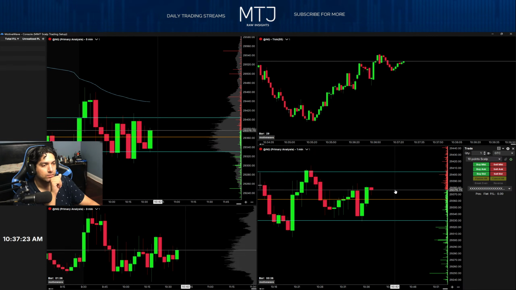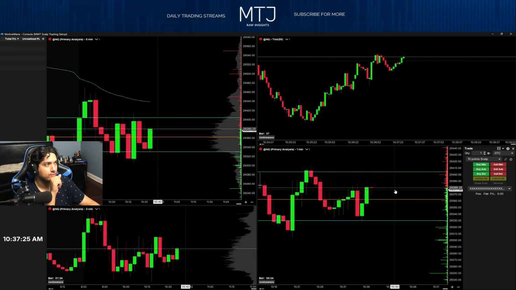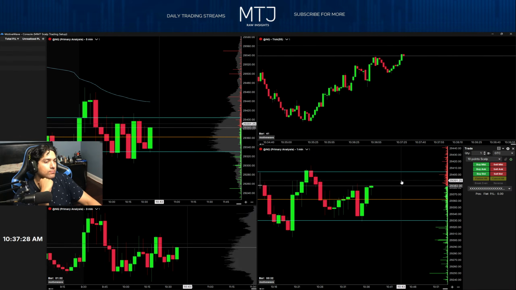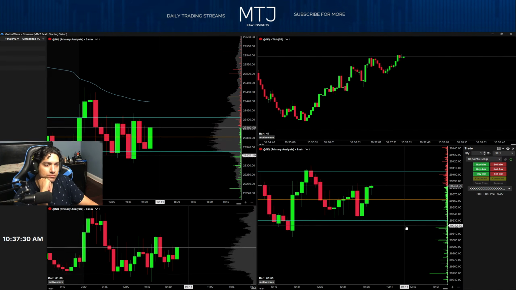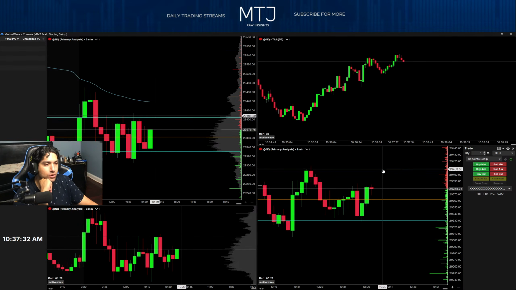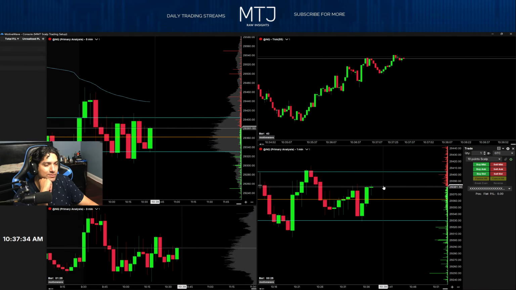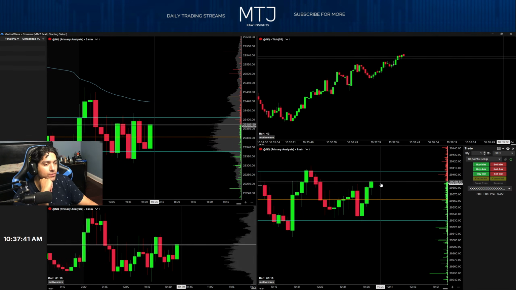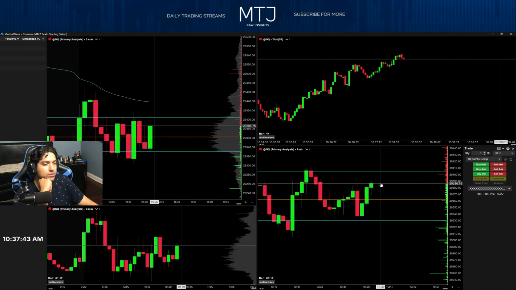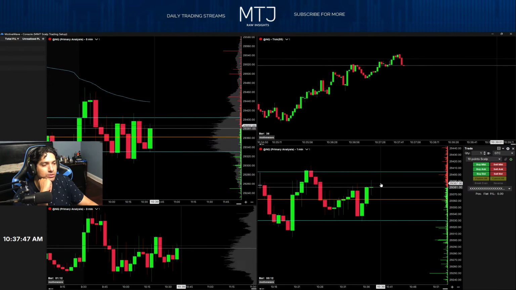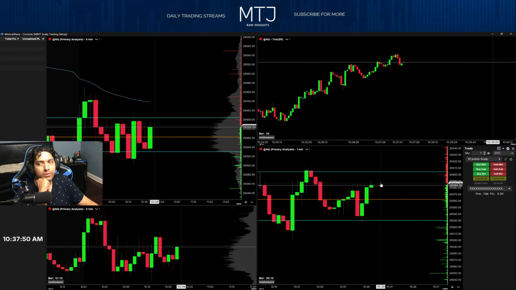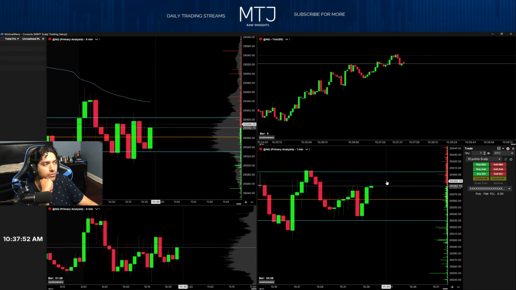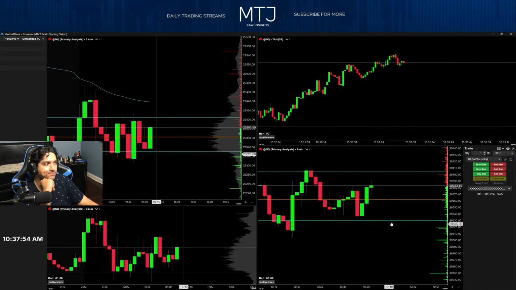Ay caramba, this is crazy. Do we even have juice to go up to value area high at this point? Doesn't seem like it. It could be nice for us to finally start trading a tighter range, because you're actually risking less when you're trading a tighter range. But obviously there's a trade-off in the percentage of times you would win, probably. We'll see.